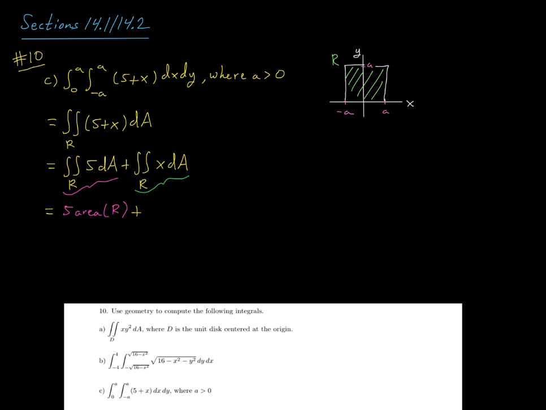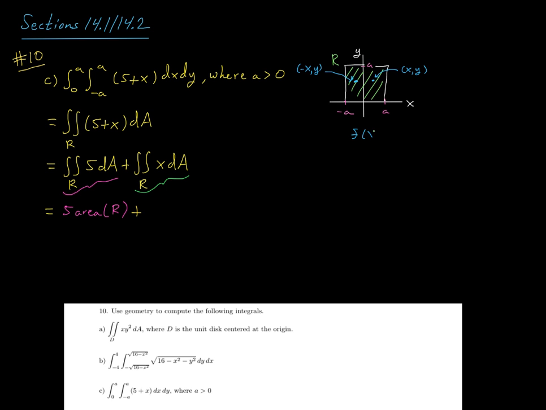And wait a minute, our domain here, this R, is symmetric about the y-axis. And again, our integrand, since it's just x, is going to be odd with respect to the y-axis, right? So if I look at, say, a point (x, y), and then its point, which is just mirrored over the y-axis, this would be at (negative x, y).